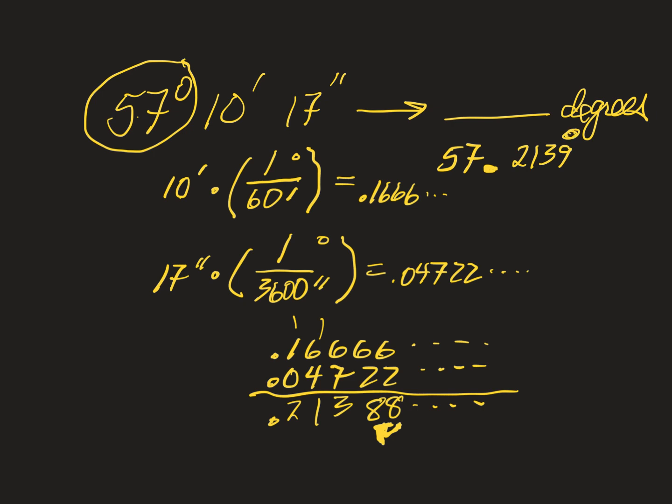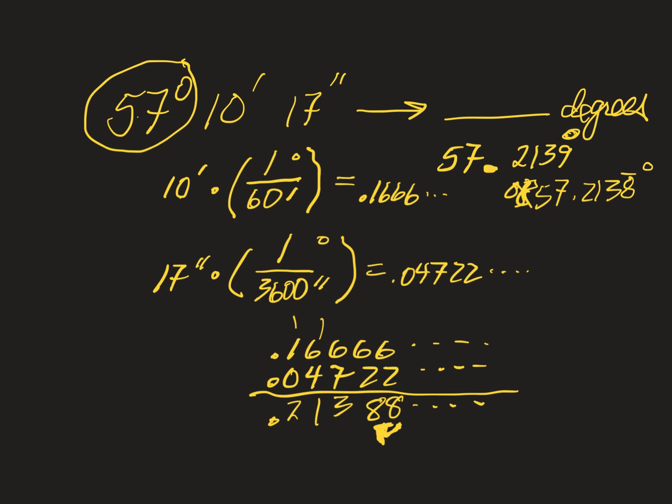So 57.2139 degrees. Or I would write 57.2138 repeating degrees. Okay? And that would be how I would write my answers.